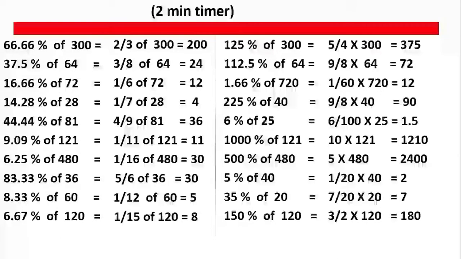Now let's move to the second concept of the day, which is percentage used as a multiplier. For example, if I say A is 20% more than B, how are we going to write this in a mathematical form?